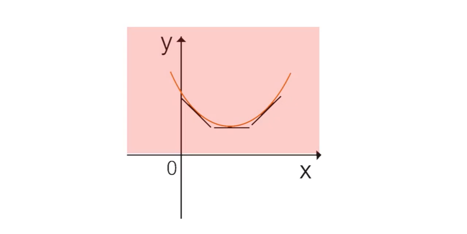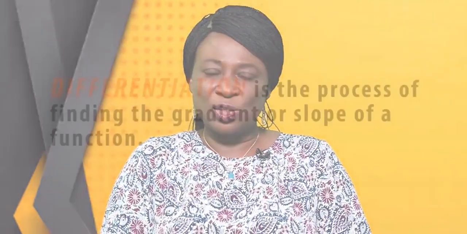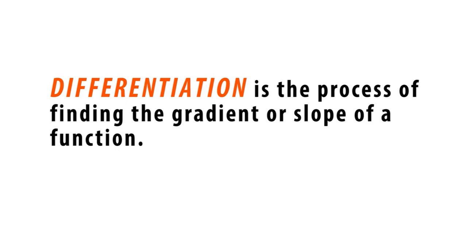The good news is that there is a method that comes in to rescue us. And that method is called differentiation. So differentiation is the process of finding the gradient or slope of a function.